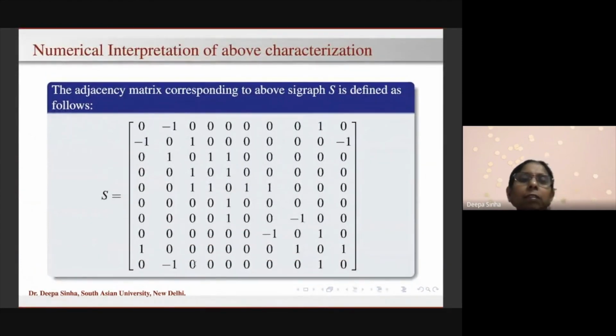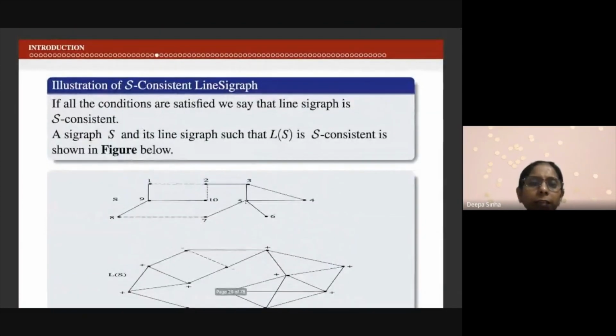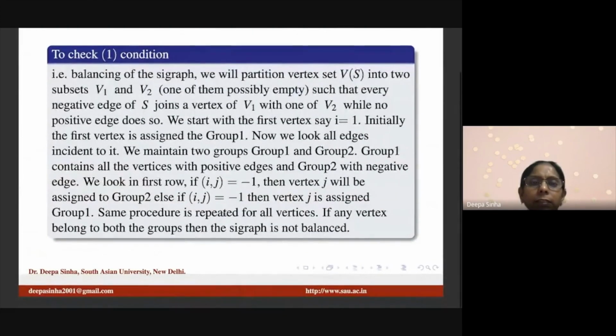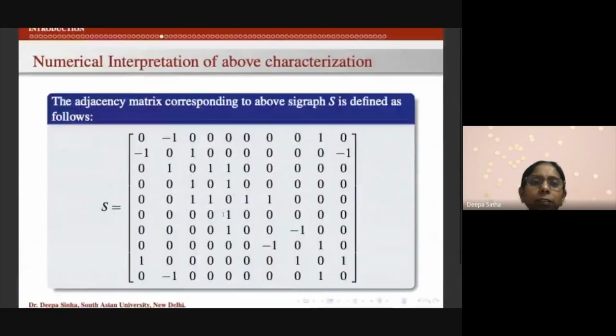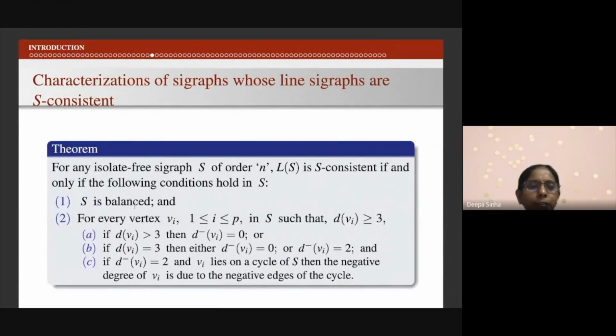Then, because every sign graph can be represented by a matrix, this sign graph is represented by a matrix over here, 0, 1, -1, 0, 0. Then you can work out the balance, because you need to check now that this is to be balanced first, and then if the degree is greater than 3, the negative degree must be 0.